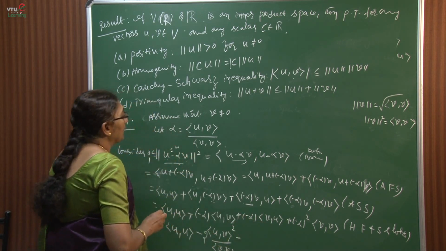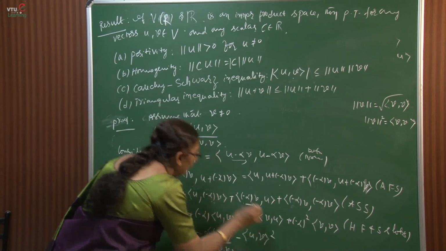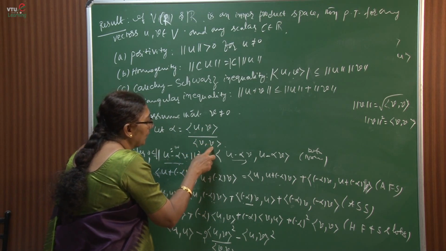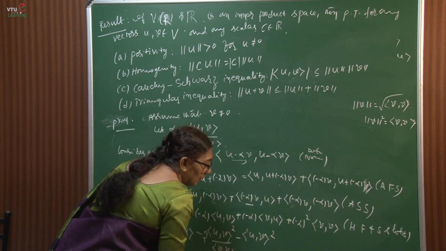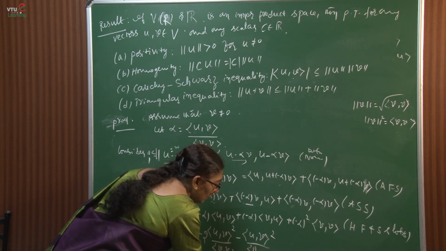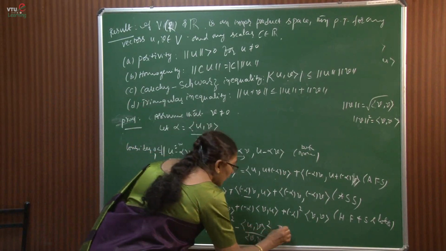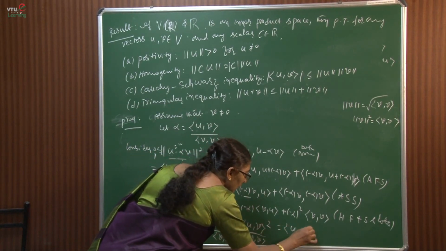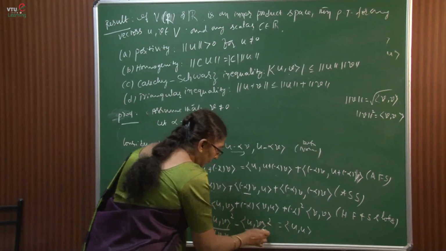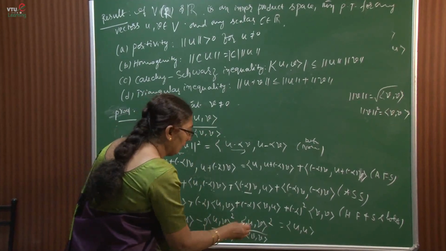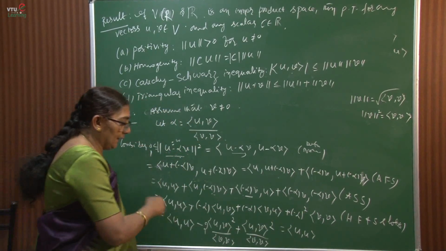Minus alpha square. What is alpha square? Inner product of u comma v whole square divided by the inner product of v comma v squared, times the numerator having the inner product of v comma v. What is the remaining? Inner product of v comma v. What's the remaining here? Inner product of u comma u, minus the same; this is actually my plus, since minus alpha whole square is alpha square, we get plus.